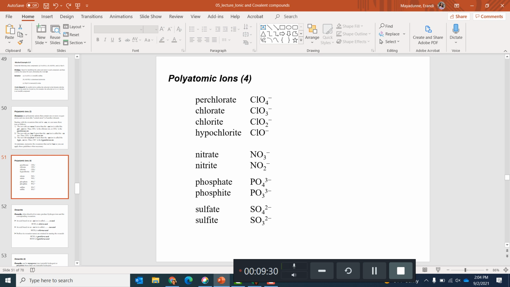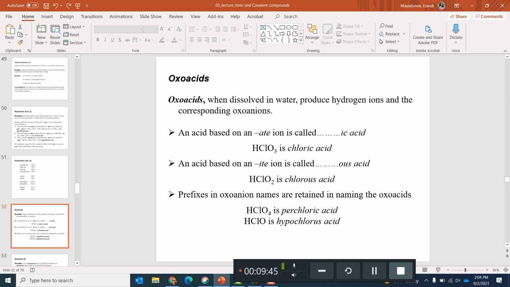And now I am moving to, I told you, when we talk about the binary acids like HCl, HBr, HI, there is another type of acid, that is oxyacids. So, naming of oxyacids. What is an oxyacid? Oxyacids also contain hydrogen, and also have oxygen in them.